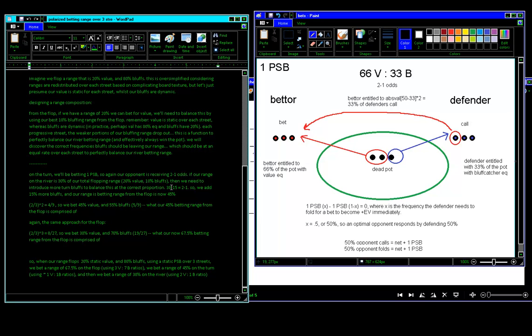So if we're betting 30%, a very simple way of doing this, I think, is just saying 30% for value on the river divided by what we are laying him on the turn, which is 2-to-1. That's the same. 30 to 15 is the same as 2-to-1.